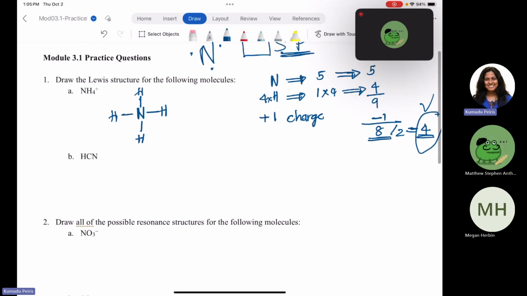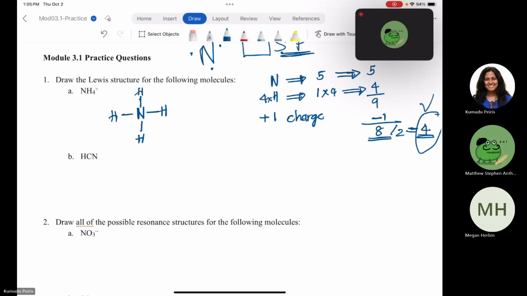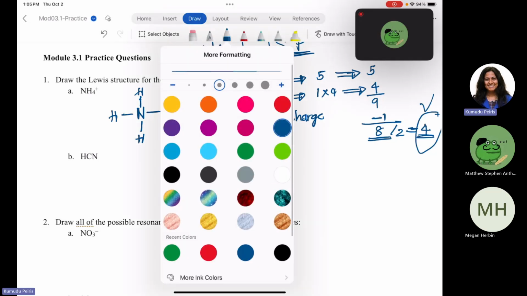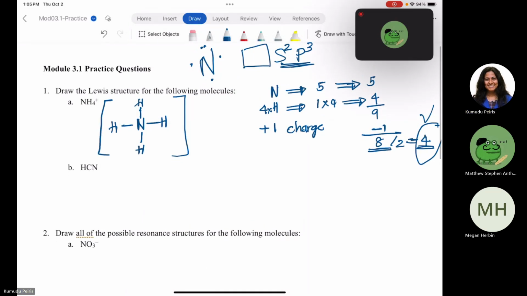Then you draw the charge. So that's the Lewis structure for the ammonium ion, plus 1.